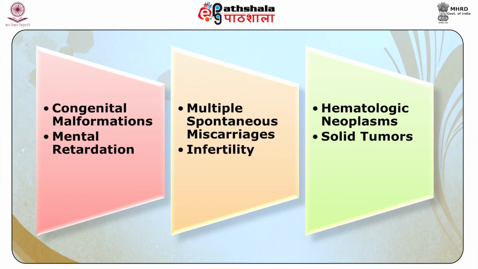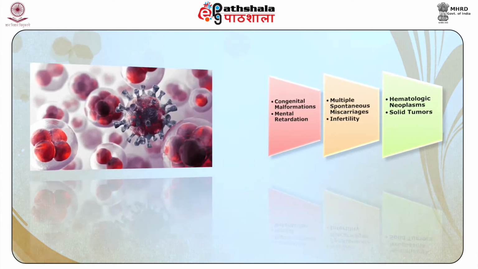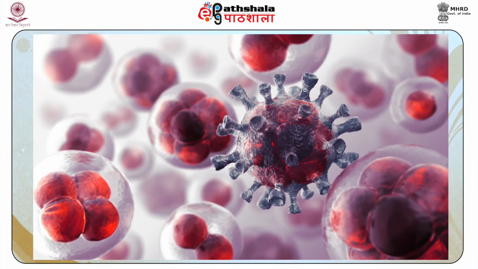A chromosome and genome analysis is considered an essential component of the workup for individuals with congenital malformations, mental retardation, multiple spontaneous miscarriages, or infertility, and for individuals with hematologic neoplasms and solid tumors. Information about genetic abnormalities in cancer patients can be particularly useful for establishing a diagnosis, for disease classification and monitoring, as well as for treatment decisions.